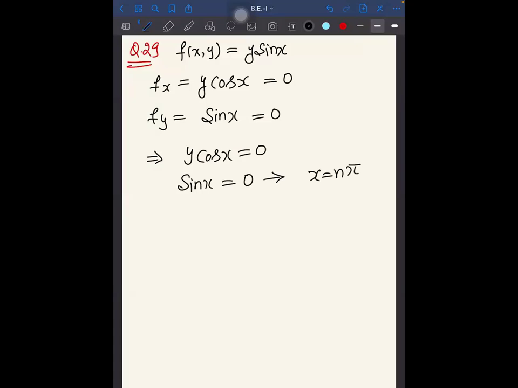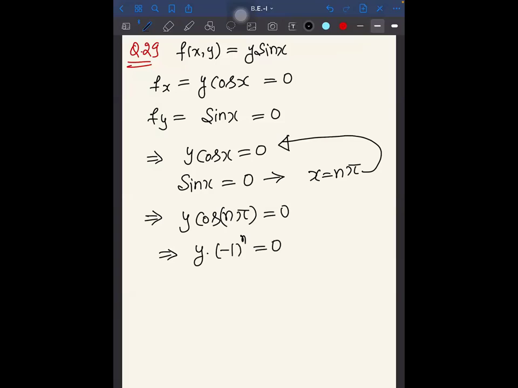Now you put this value over here in order to get the value of y. So you're going to write it as y cos n pi is equal to 0. So y times minus 1 raised to power n is equal to 0. What is the solution of this? y is equal to 0. y has to be 0, right? We don't have any other option.